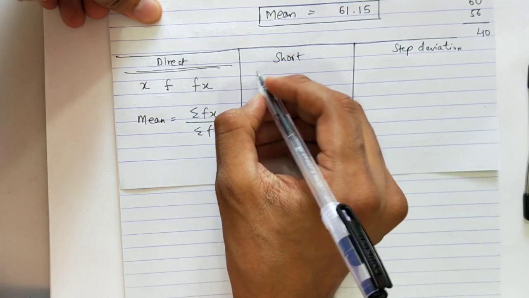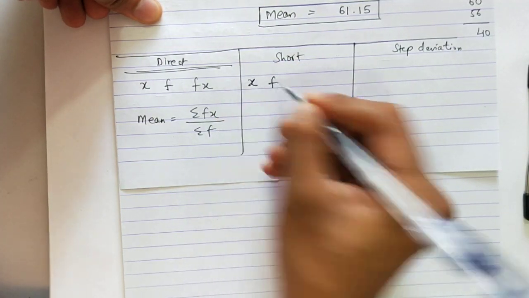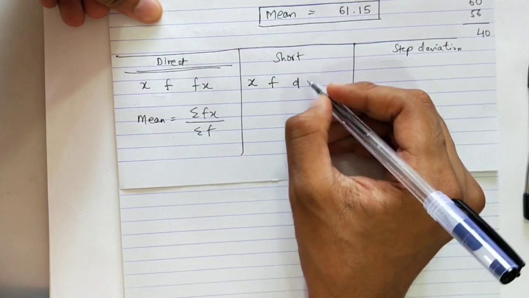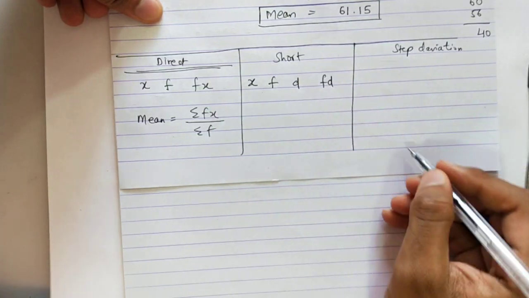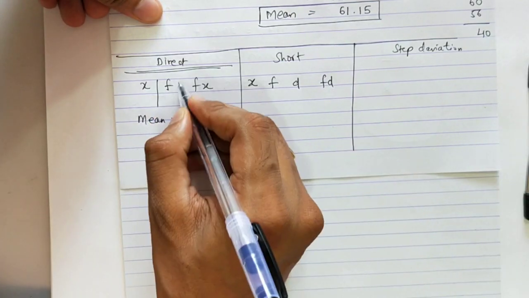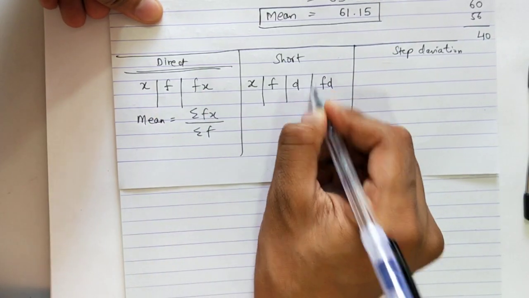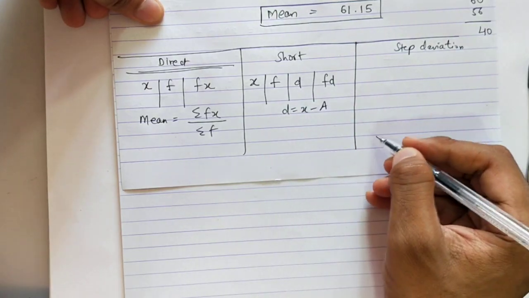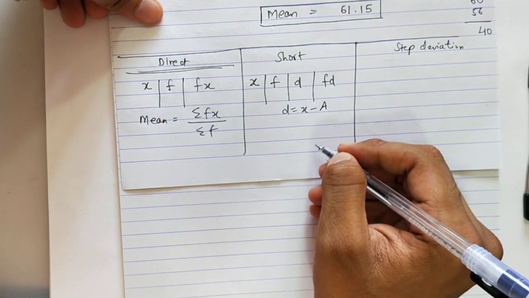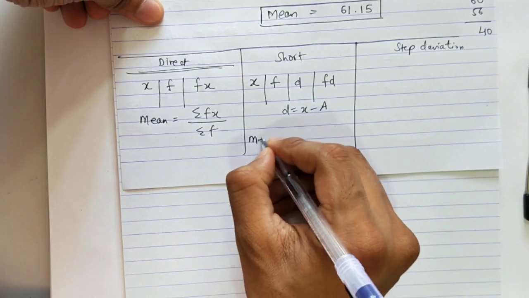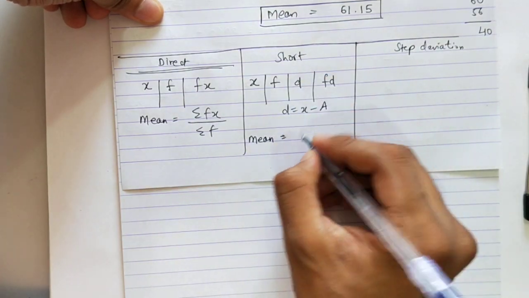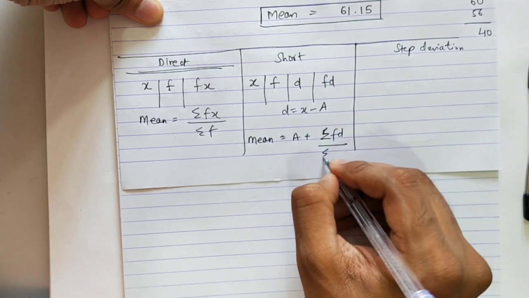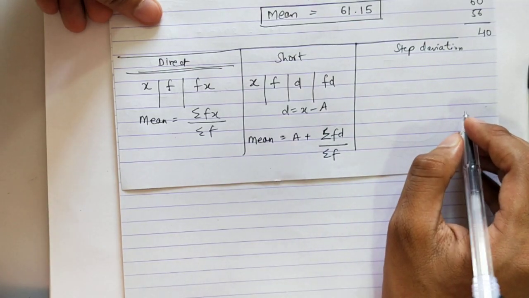For the shortcut method, we find x, we find f, then we find d, and then we find fd. Correct? Where d is x minus a and a is the assumed mean. Okay, and the formula for mean in the shortcut method is a plus summation of fd upon summation of f.